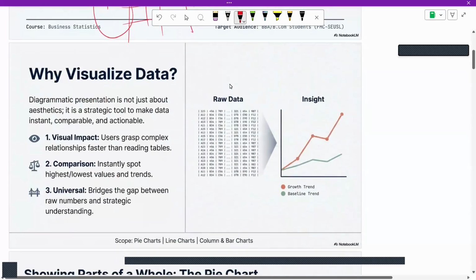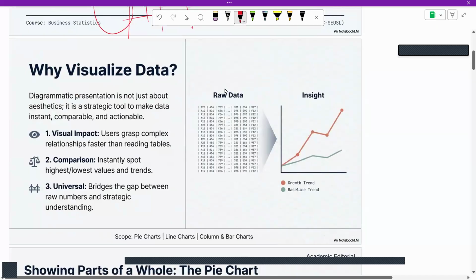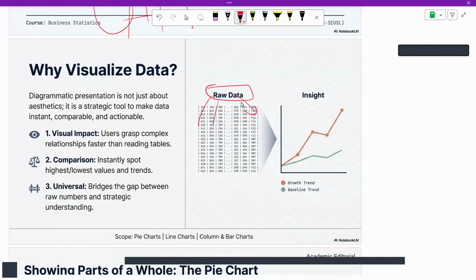Why visualize data? Here, the raw data is in a form like this, or we can present the data in the form of a table. But each and every audience is unique. They have different expertise levels, and they use the data for different purposes.